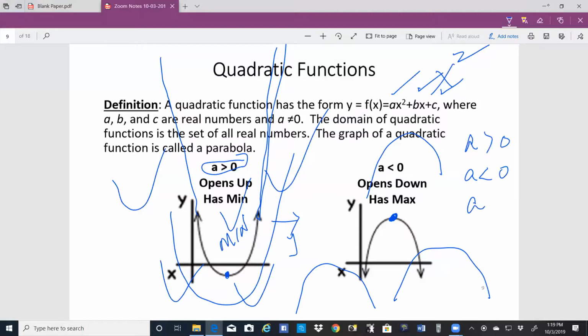If A is 0, then there's no quadratic. There's no x squared term, and it's just linear. So it would not look like a parabola. That's pretty straightforward. So there'll be some problems for you to work next week as you get into the quadratic function.